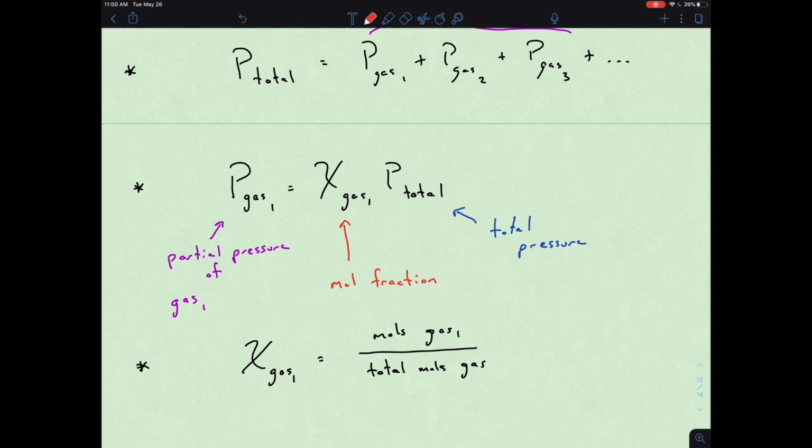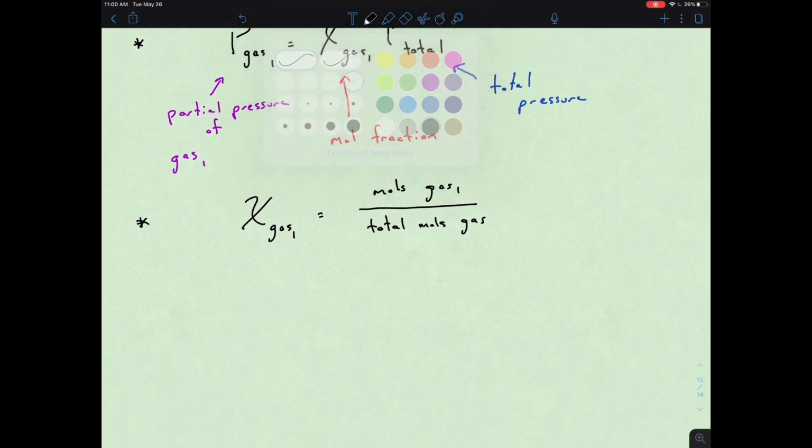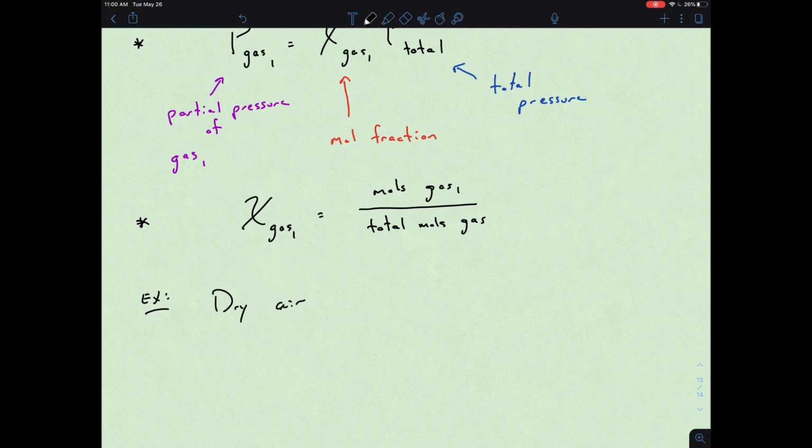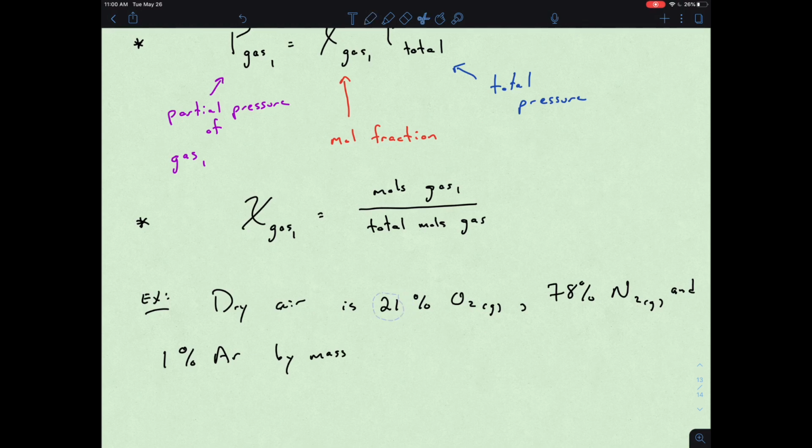So let's look at an example of this. So maybe make our numbers a little bit more accurate here with 3 sig figs.